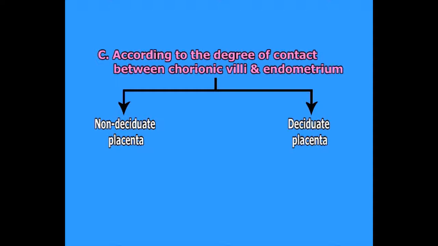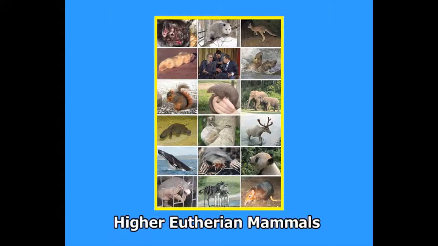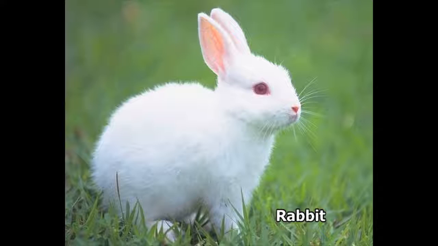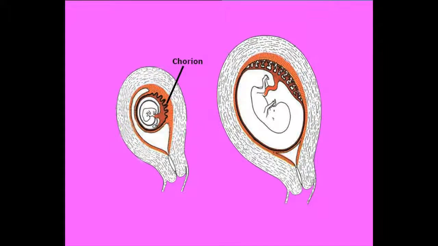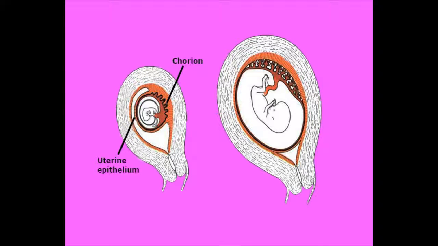Number 2. Deciduate placenta. In higher eutherian mammals including dog, rabbit and man, the union between the chorion and the uterine epithelium is much more close. The villi are so closely united with the uterine wall that at parturition, a large part of the uterine tissue is lost along with the fetal membranes.